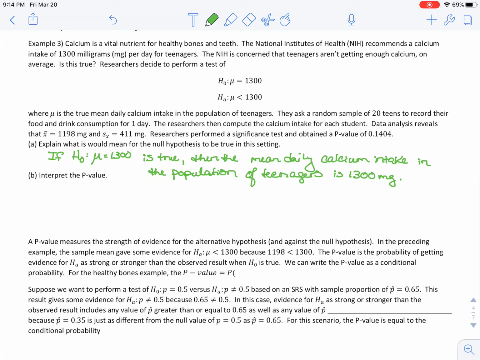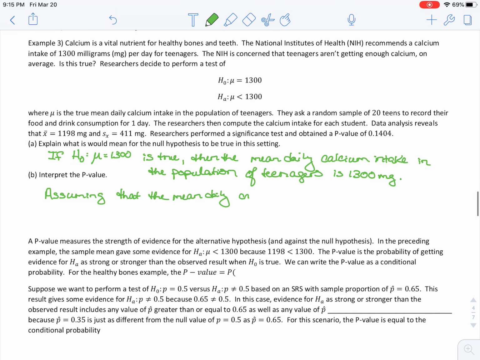The p-value shows us that we are seeing a probability of 14% of this extreme or something more extreme in our sample. So what I'm going to do to interpret this, you always start out by assuming the null is true, because that's how you start out every problem. Assuming that the mean daily calcium intake, because that's what our null hypothesis is talking about.